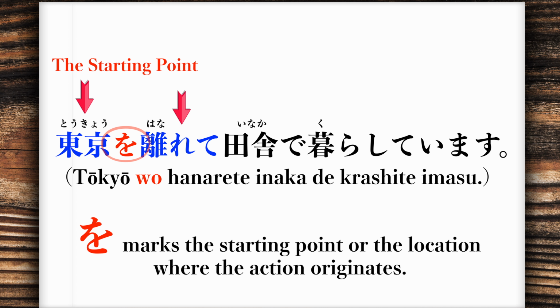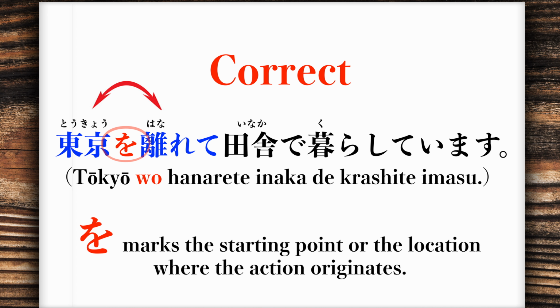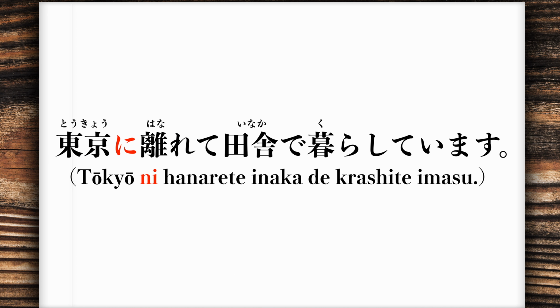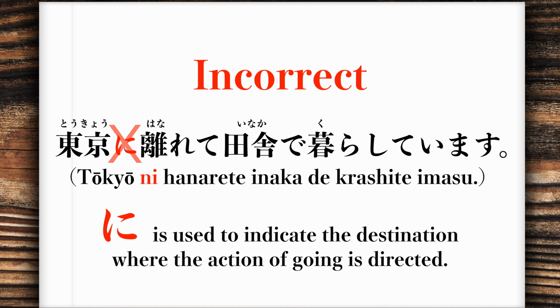The verb 離れる, meaning to leave or to be away from, takes the particle を to indicate the point of departure, making this sentence grammatically correct. However, in the second sentence, に is used to indicate a destination rather than the starting point. This usage is incorrect because the verb 離れる does not fit with に to indicate the place being left.